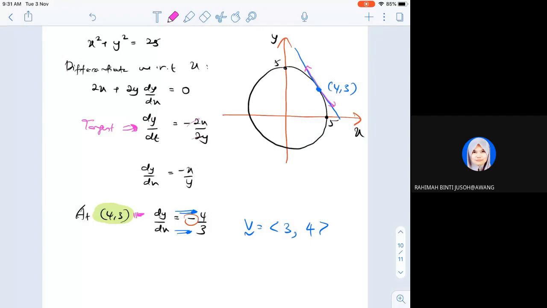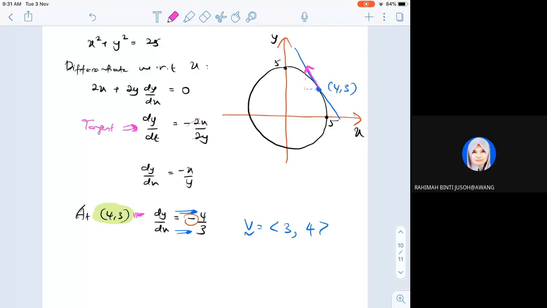It's up to you. Both are parallel vectors of the tangent line. So let's say kita ambil upward. How do I get this upward vector? By moving to the left 3 steps, and then move up 4 steps.